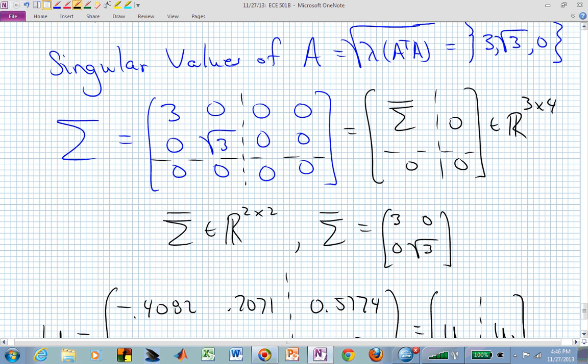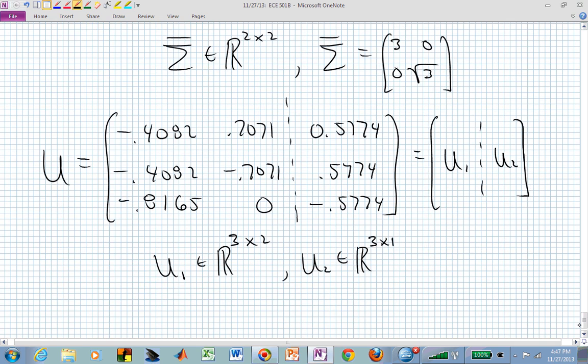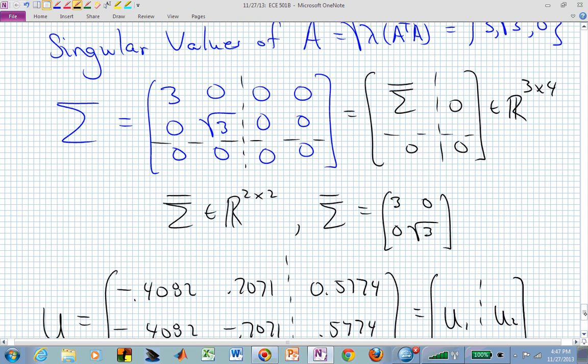I'm multiplying U times sigma, and the columns in U need to be compatible with the big sigma, which had 3 rows.